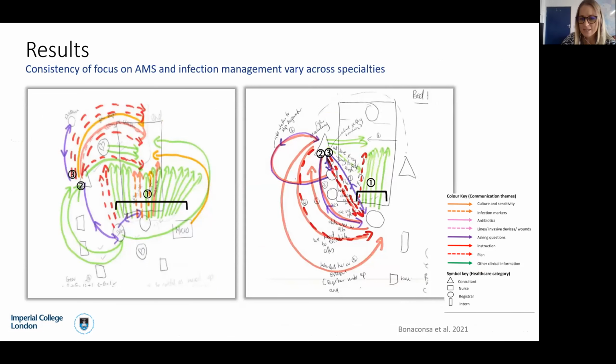On the right-hand side is an example of team interactions where the information around infection isn't necessarily mentioned in the update, but through a process of eliciting lots of questions, the consultant, who is the triangle, needs to find out about the patient's infection. So it was interesting to note the difference between these two.